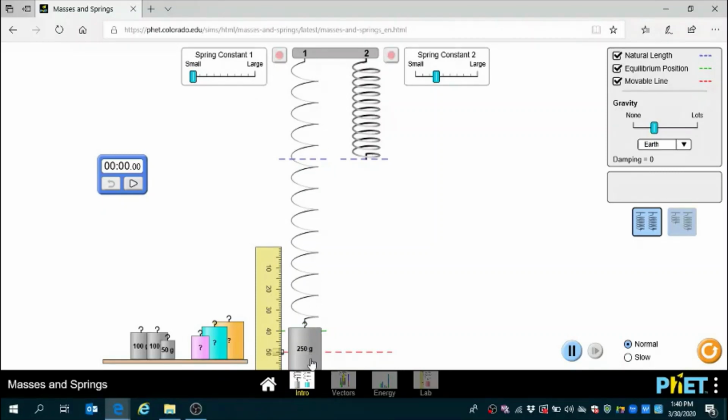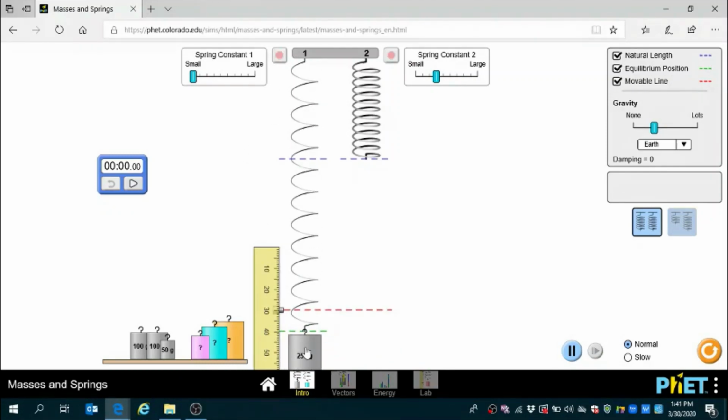Let's pull it down to, I have to raise it up actually. This screen is not long enough for that mass spring system, so I'm going to raise it up. This time, to get the same stretch, pull it up 10 centimeters, because I can't pull it down far enough for it to work out.